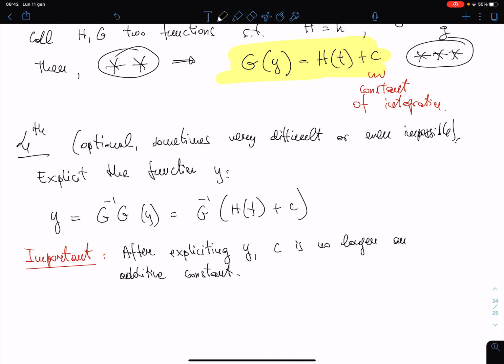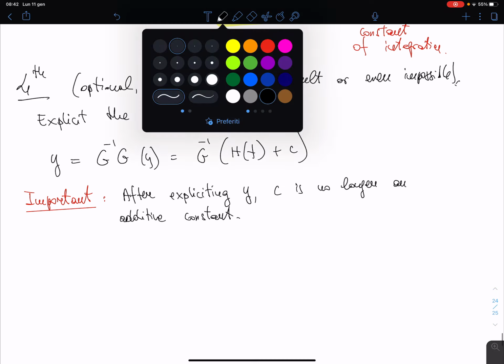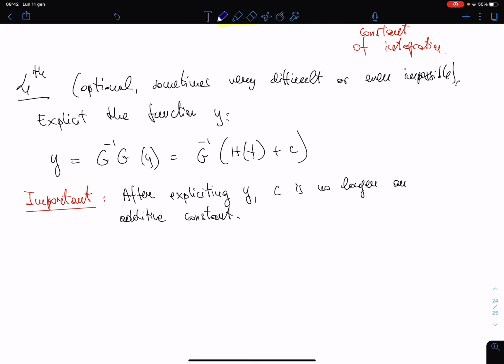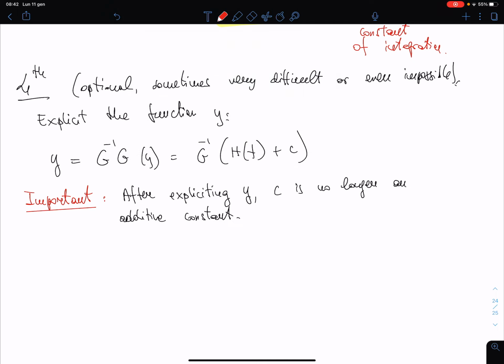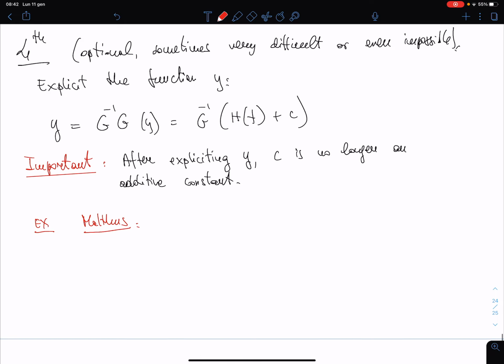So, some examples. First, a very trivial example. The Malthus equation is of this type. The problem is to find all solutions to the equation y prime equals alpha y.